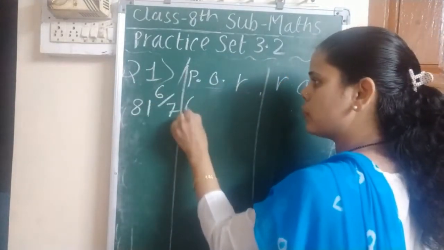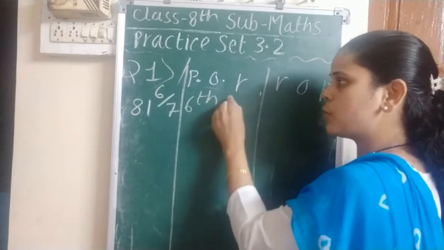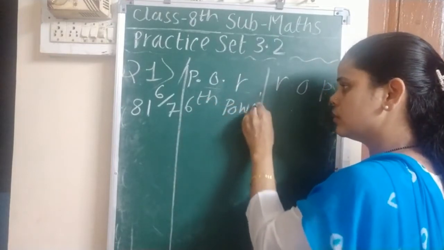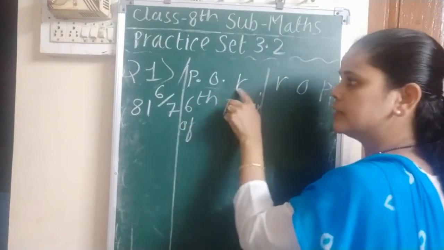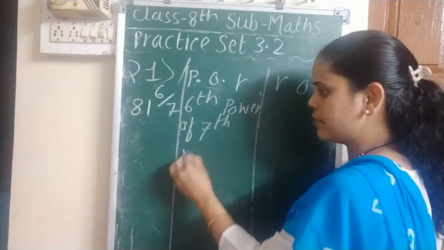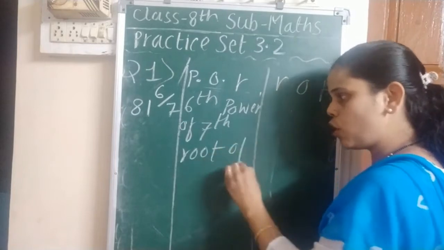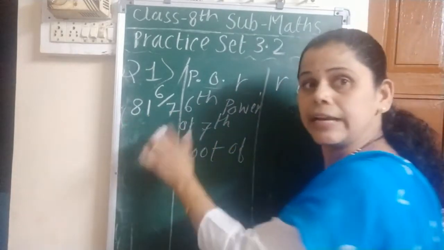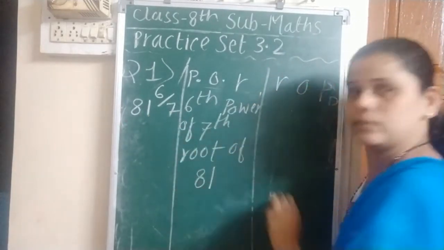So 6th power of 7th root of the base number, which is 81. So 81.